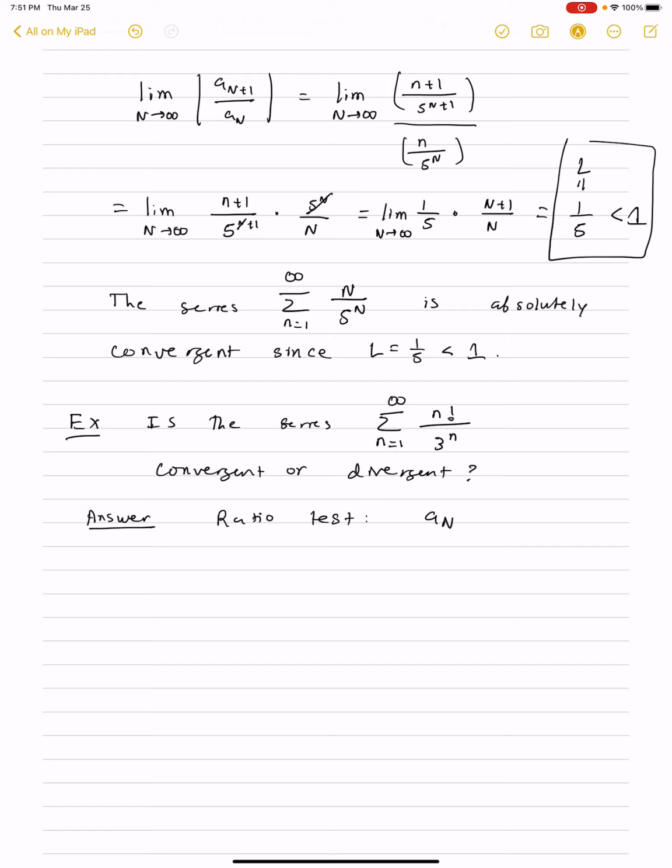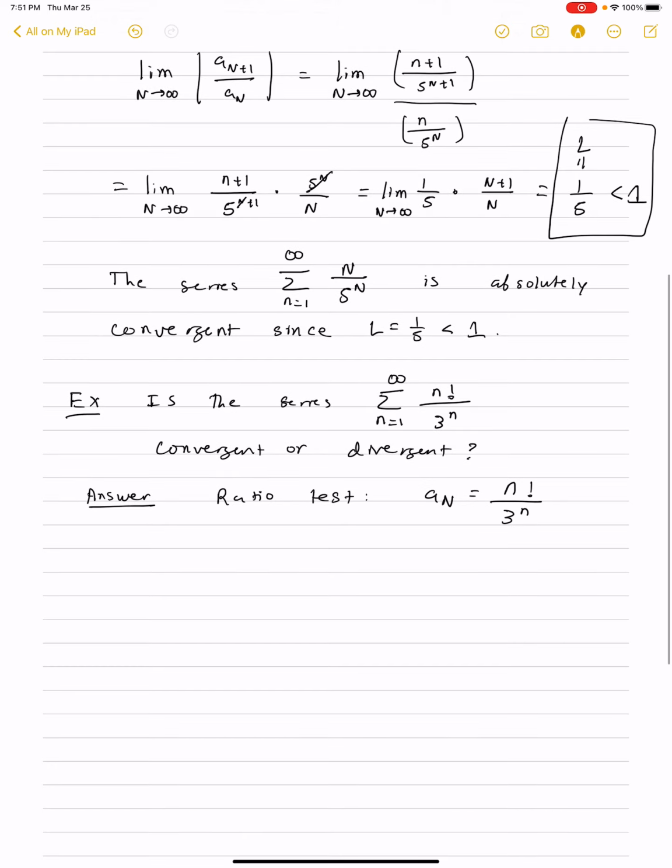And here a_n is going to be this n factorial over 3^n. I need to compute this limit as n goes to infinity of a_{n+1} over a_n.